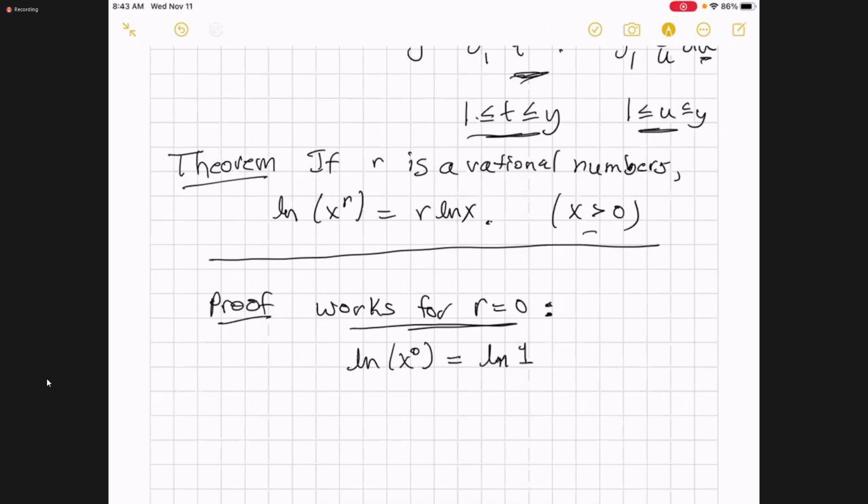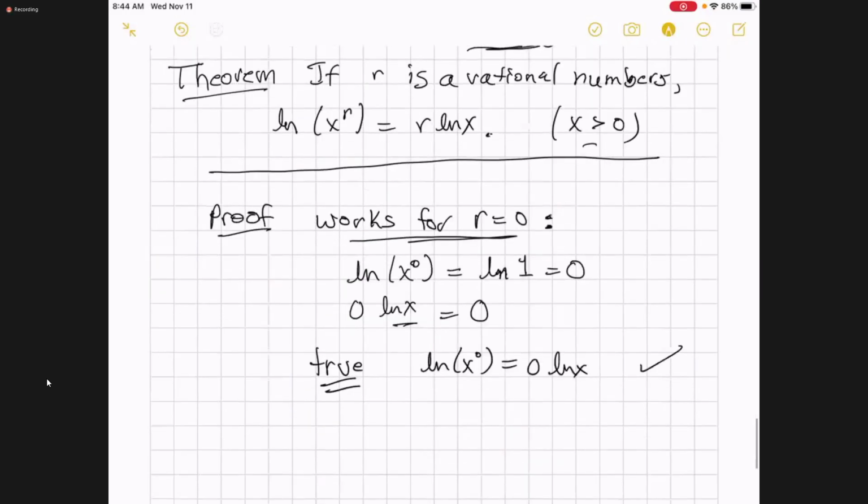That's a basic algebra rule. And ln of 1 is 0. And 0 times ln of x, well, ln of x is a number, and 0 times any number is 0. So it is true that ln of x to the 0 is 0 times ln of x. Check.